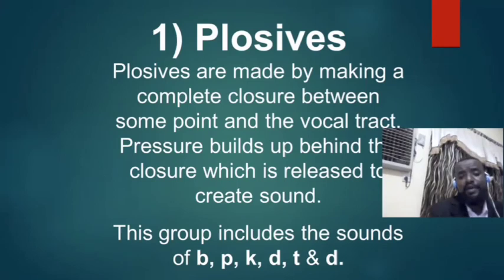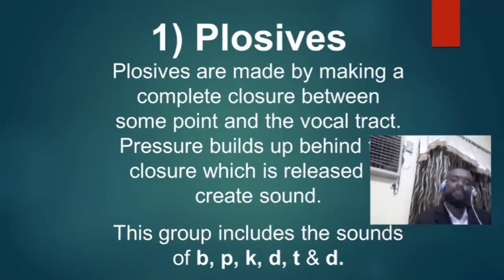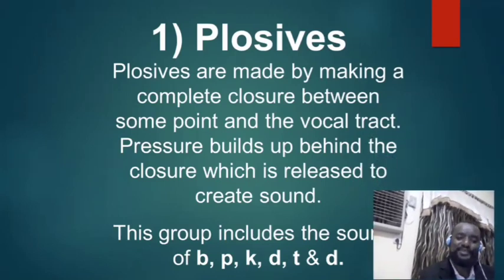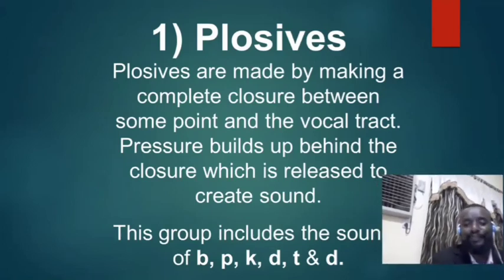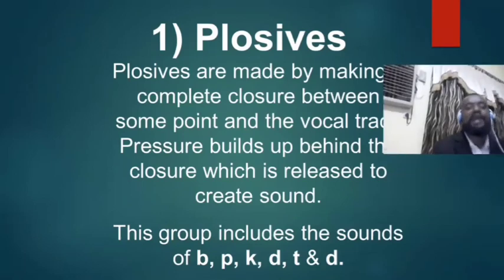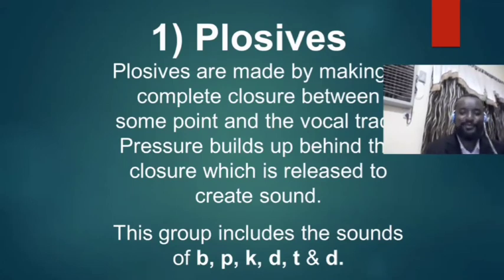A plosive is made by making a complete closure between some point in the vocal tract. Pressure builds up behind the closure, which is released to create the sound.